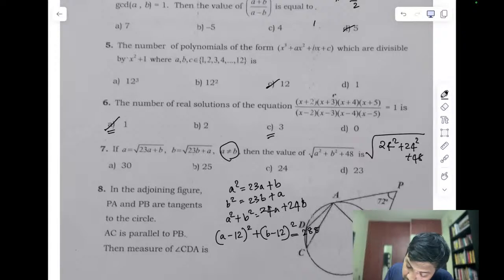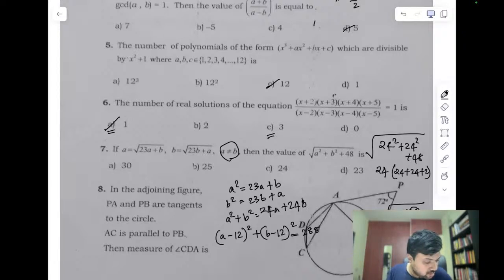Okay, 24 you can at least take common out. 24 square plus 24 square, if you take 24 common out, it will be 24 plus 24 plus 2, and this is 48, 50. So this is 24 into 50, its square root, which is essentially not a nice number.